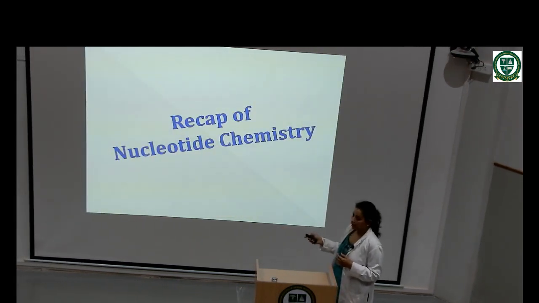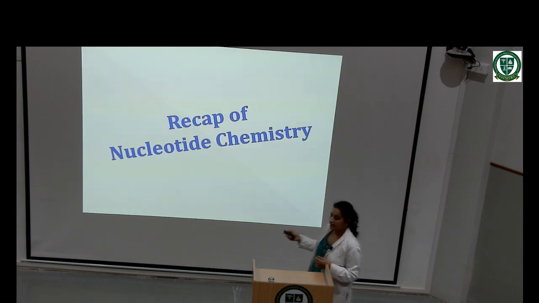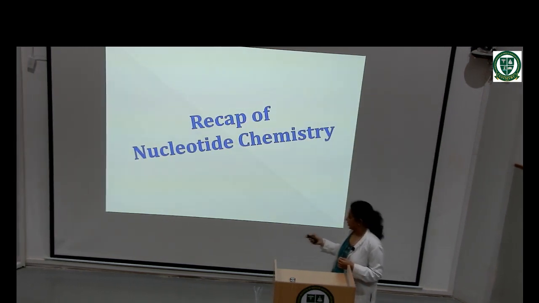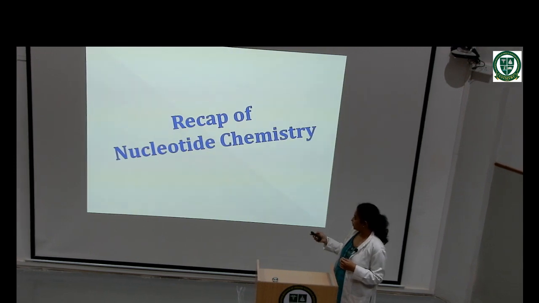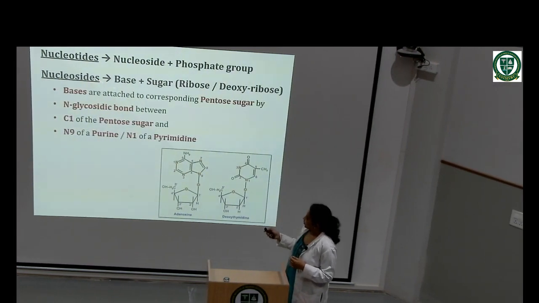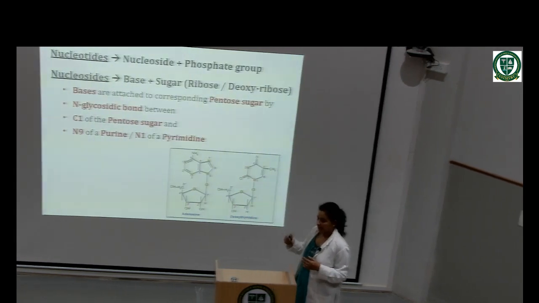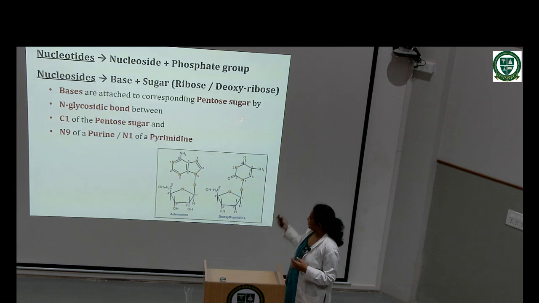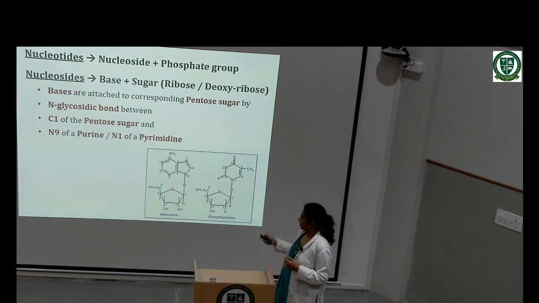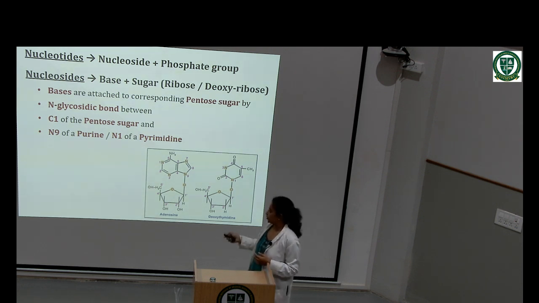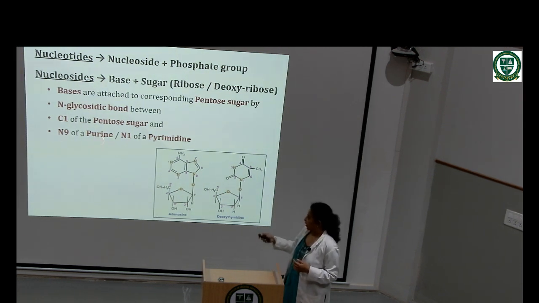So we need to recapitulate a little about nucleotide chemistry before we move on to the metabolism proper. When we speak about the bases getting attached in a nucleotide, the bases are attached to the corresponding pentose sugar by an N-glycosidic bond. Okay, the C1 of the pentose sugar, that is the ribose sugar or the deoxyribose sugar, will get attached to N9 of purine or N1 of pyrimidine.